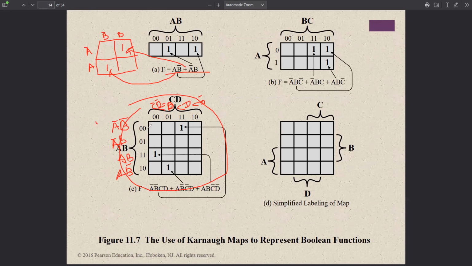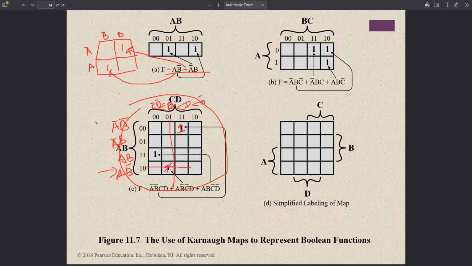this row, and CD is here. So that means we need to put one here, and A B bar is this row, and C bar D. So C bar D is this row. Then that means here, this row and this row.